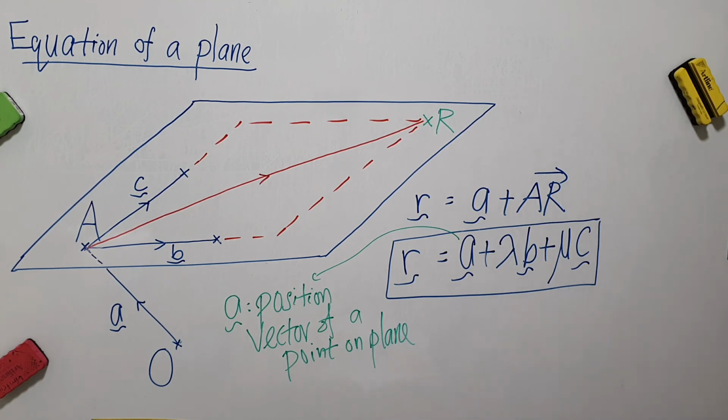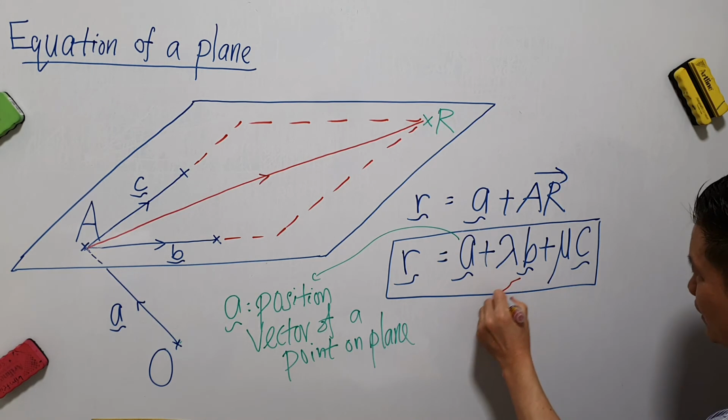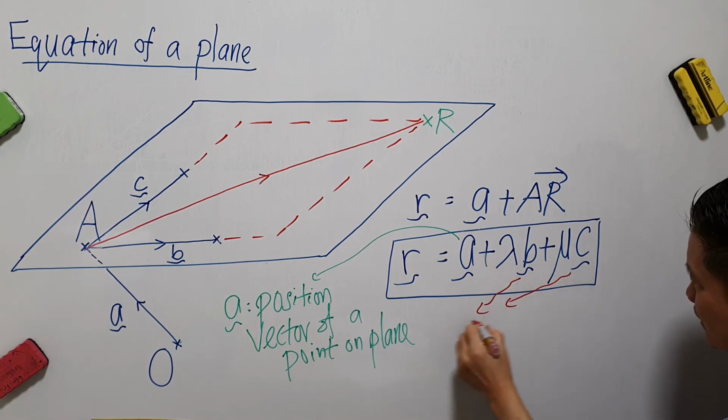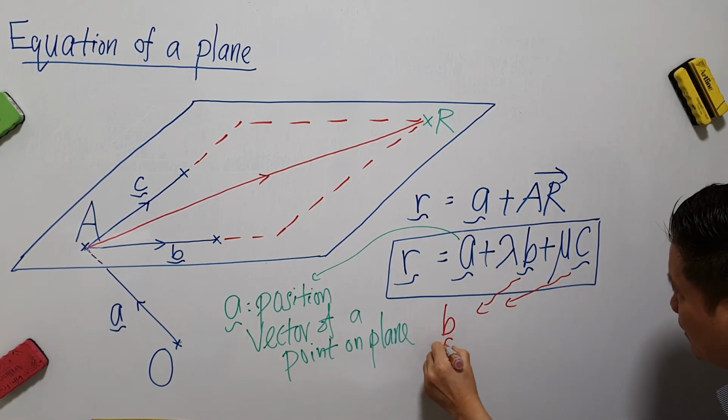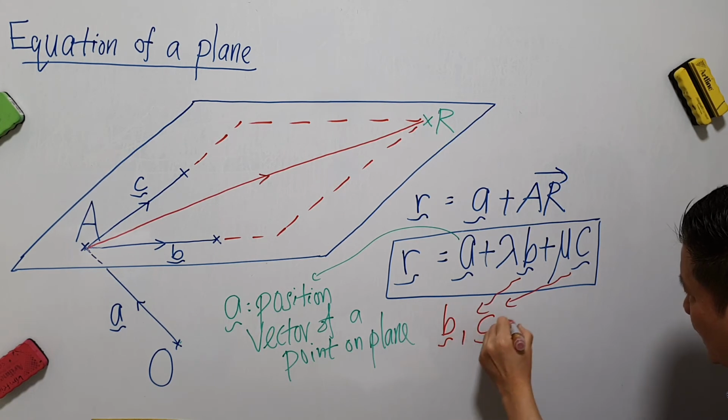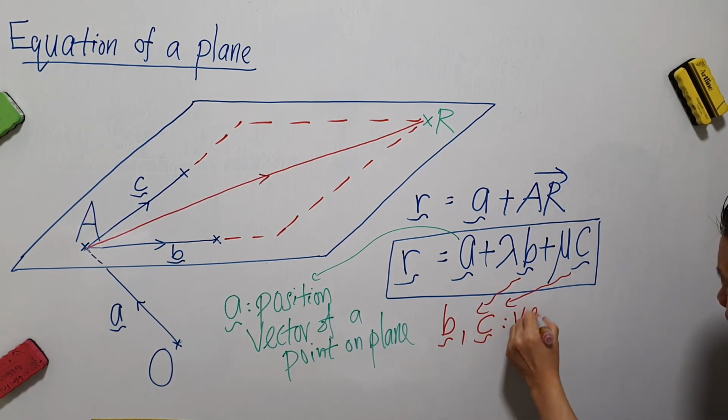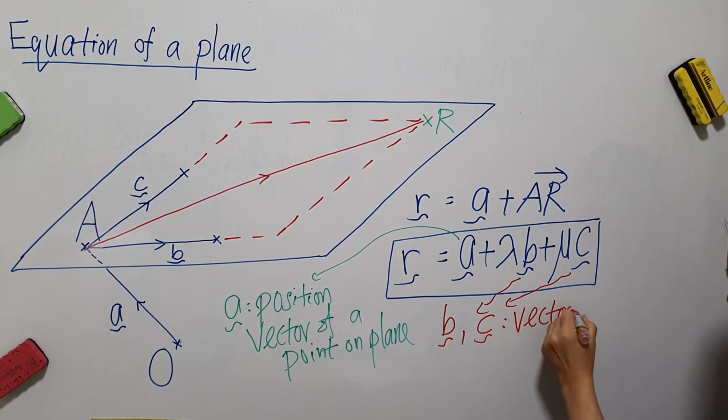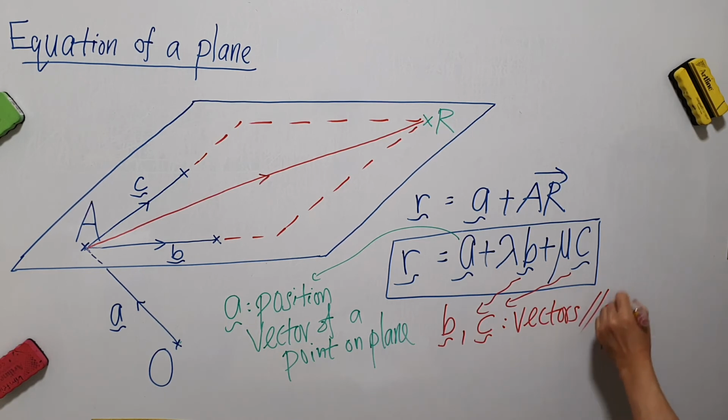How about B and C? They are just vectors parallel to the plane.